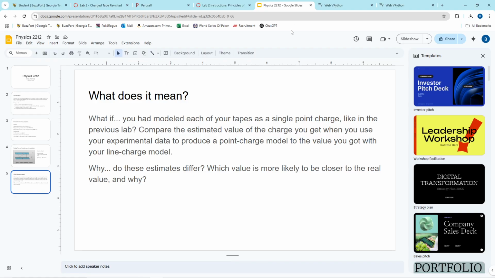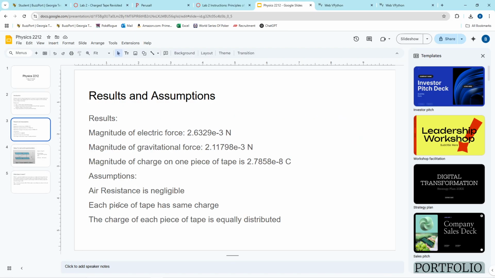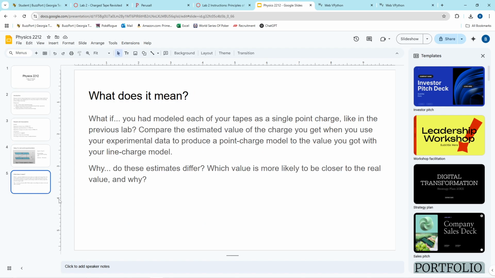In reality, the charge is definitely equally distributed among the tape, because we're ripping electrons from the entire thing, and that's what gives it its charge. We're not choosing one specific electron to rip out of the tape. That makes no sense. So this number, 2.785 e to the negative 8, would definitely be the value that is closer to the real world.